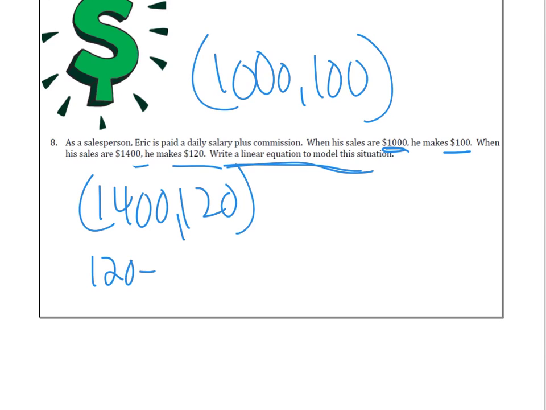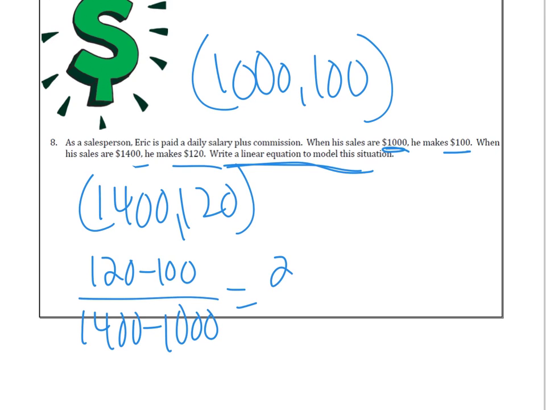I get 120 minus 100 over 1,400 minus 1,000, so that's 20 over 400, which is 1 over 20, which as a decimal, for those of you that want to go that route, would be 0.05.